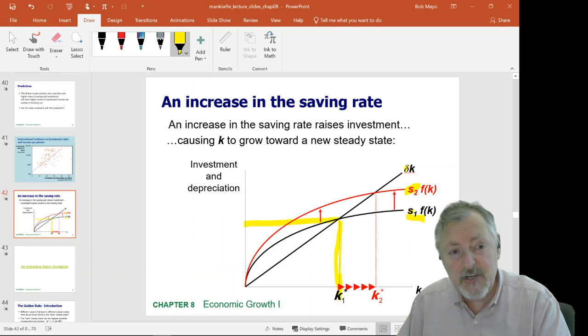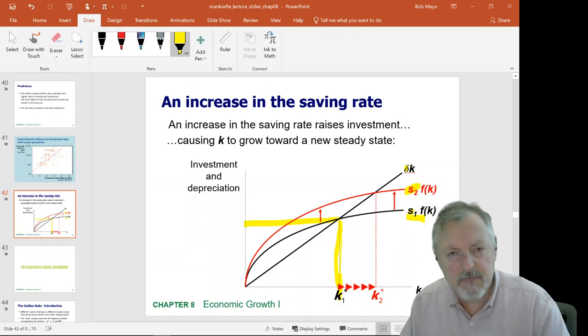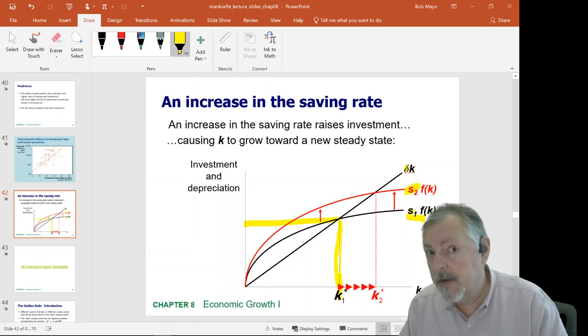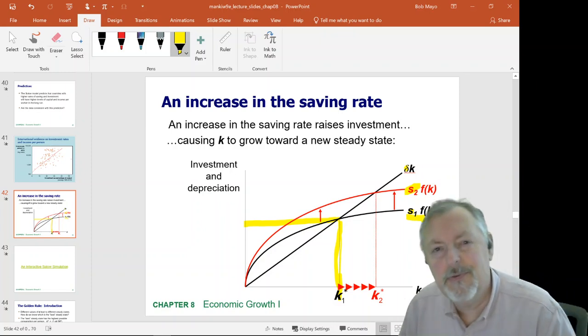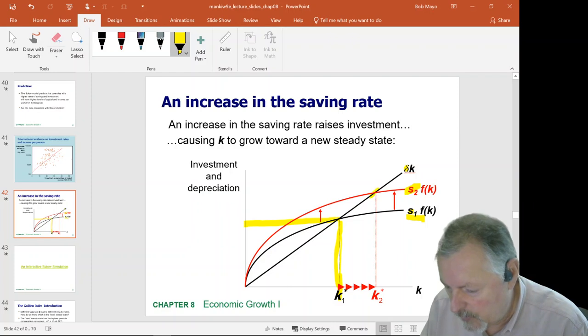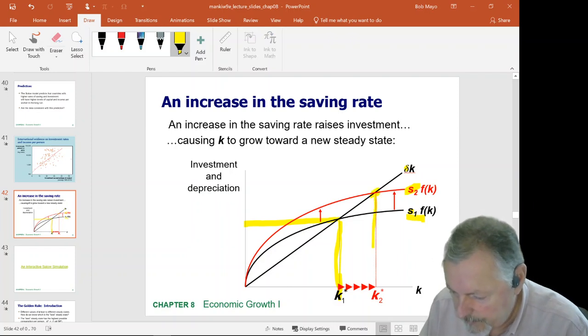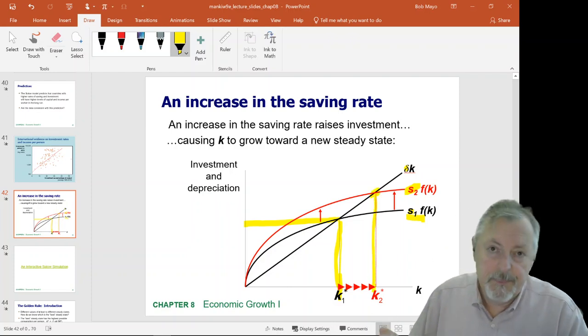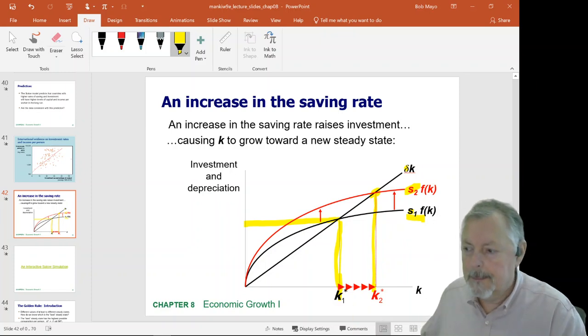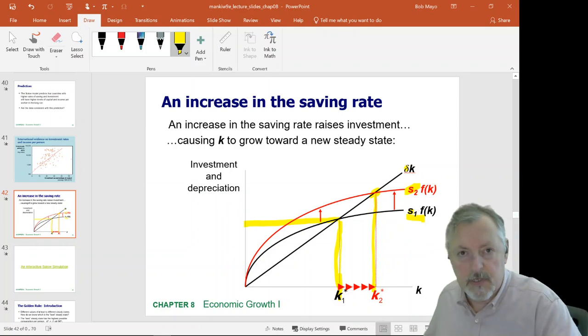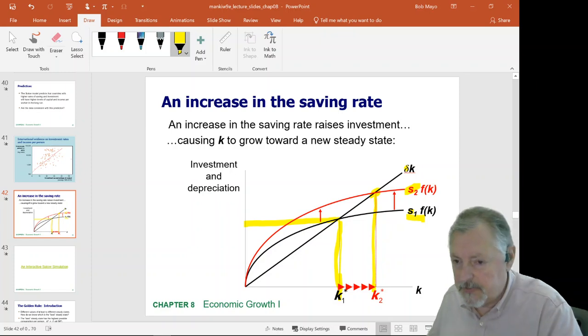So your depreciation, your loss of capital to depreciation, hasn't gone up yet. So momentarily, you'll be adding more than you're losing. You're just moving to a new steady state, which is where the two curves cross. You'll end up with more capital per worker, gaining more and losing more each time period in the new steady state.